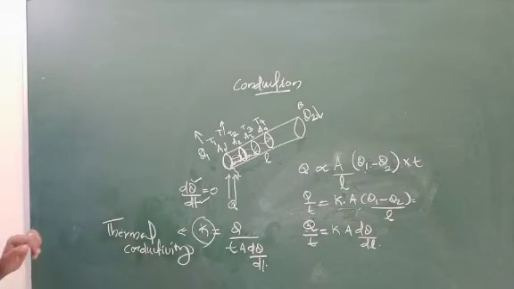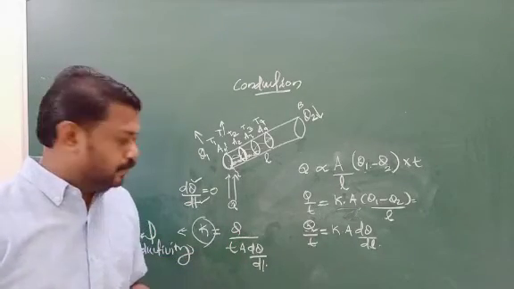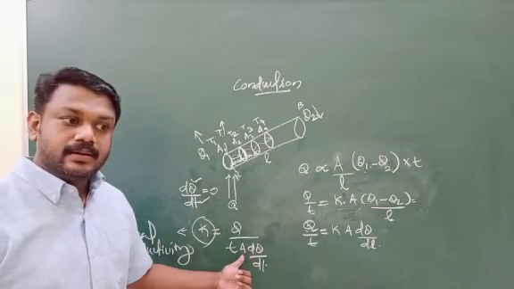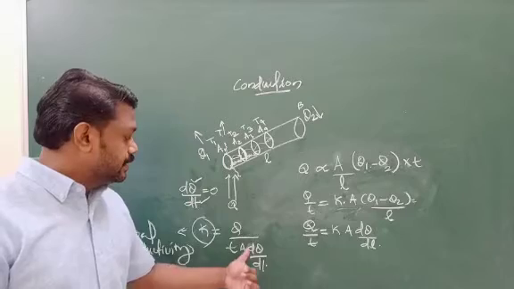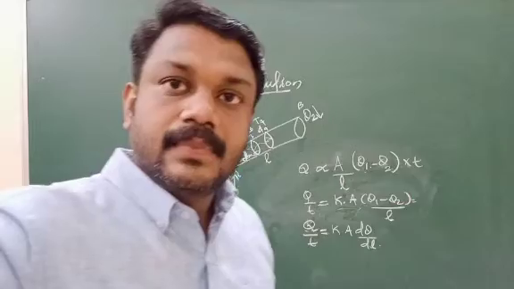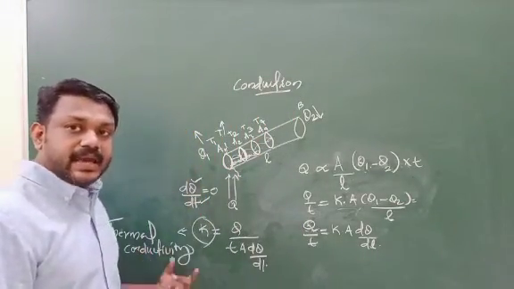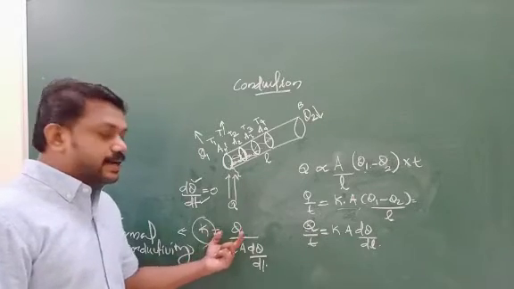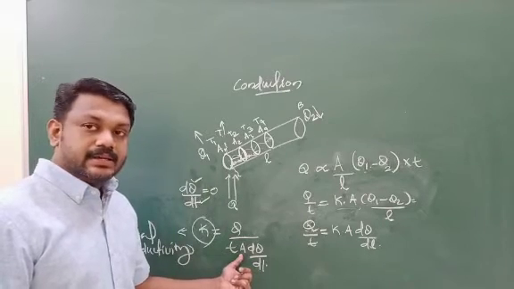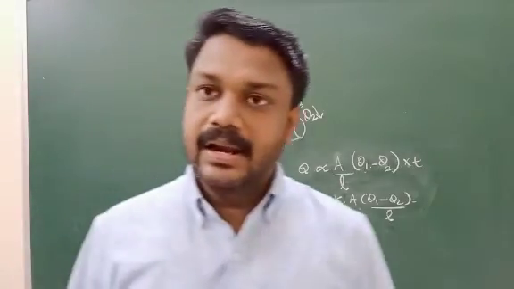So thermal conductivity is defined as amount of heat flowing per unit time, that is rate of heat flow per unit area of cross section between 2 points having unit temperature gradient. So that is thermal conductivity.